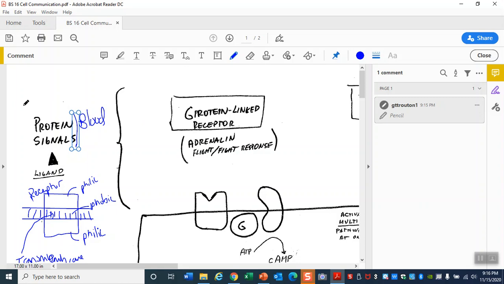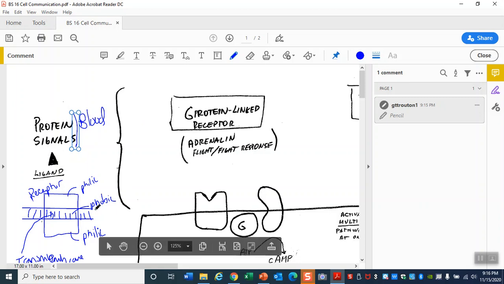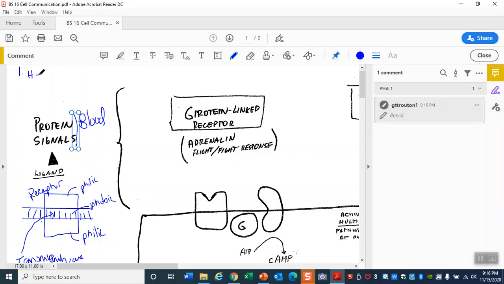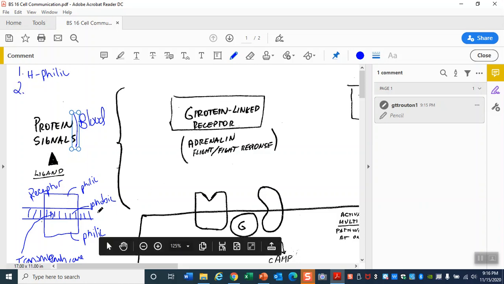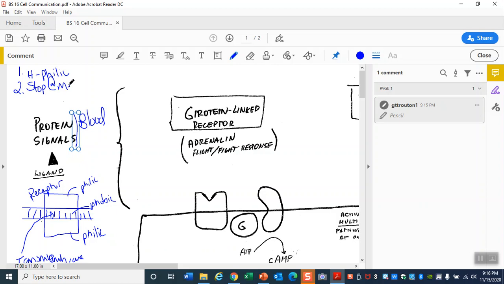Let's look at some properties of the protein signals that these receptors are actually going to receive. So the first, again, proteins are hydrophilic, which means they can't move through the hydrophobic portion of the cell membrane, which means they stop at the membrane itself. They do not move through the membrane on their own.